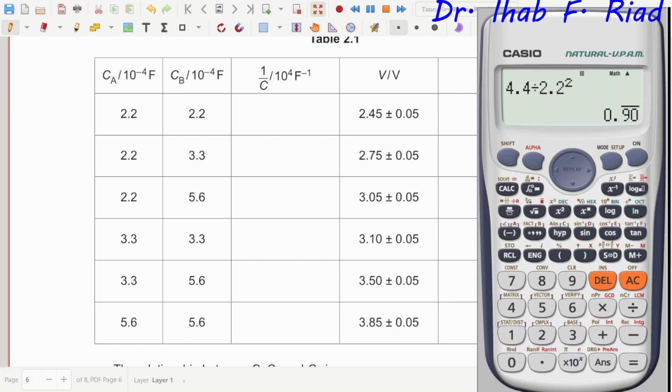We have two significant figures here, so we are good to keep them to two or three significant figures, one extra. So I'm going to keep three significant figures: 0.909.